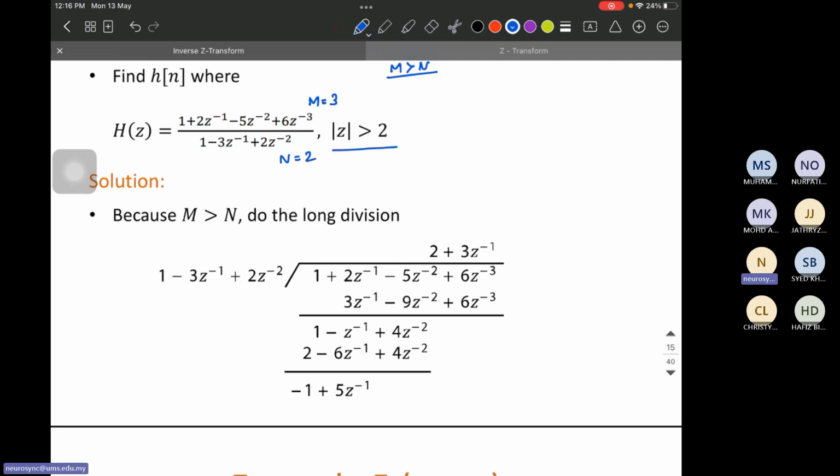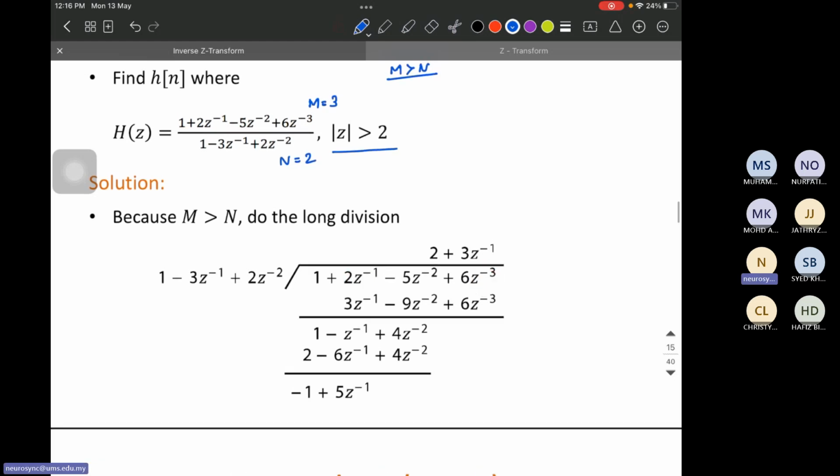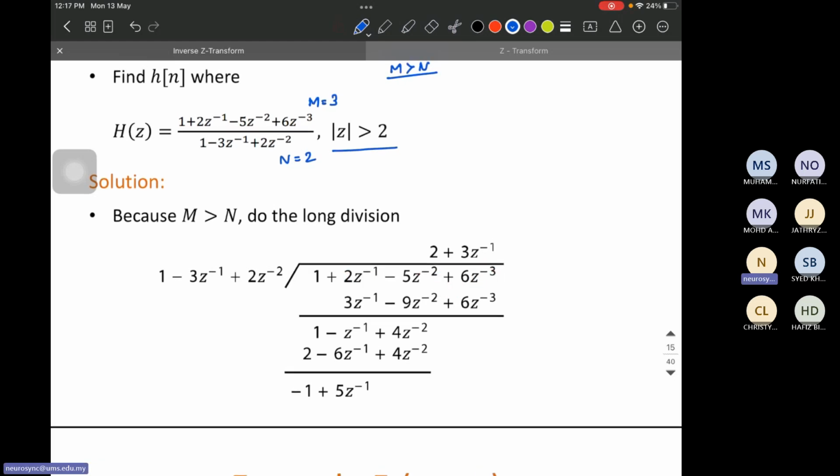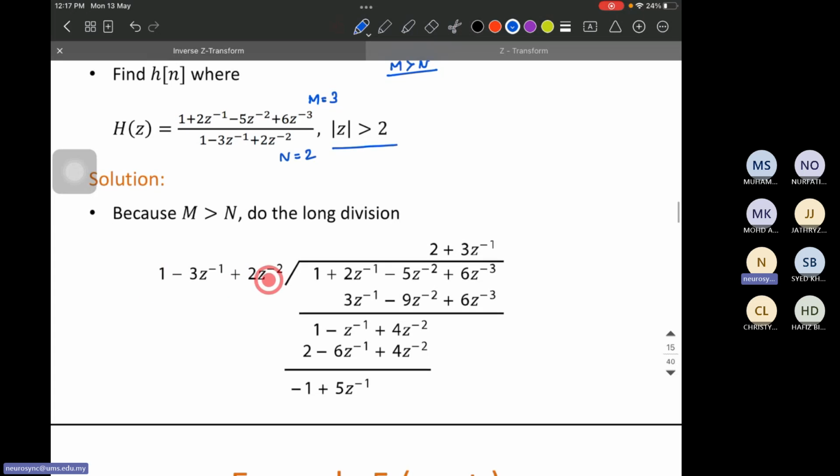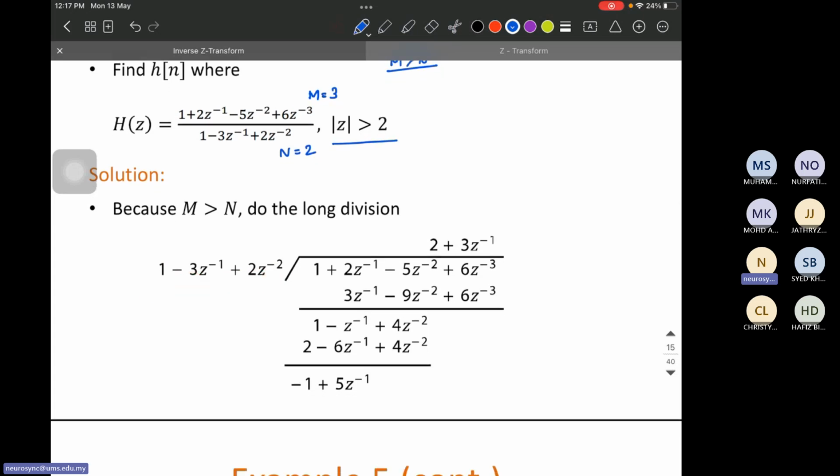So the numerator part, what we are dividing? We are dividing this term by the denominator. So write this numerator term here. The denominator has highest degree minus 2.